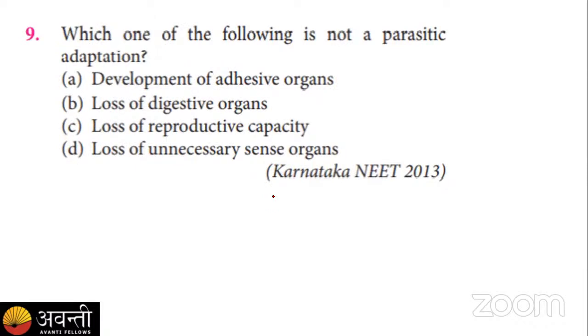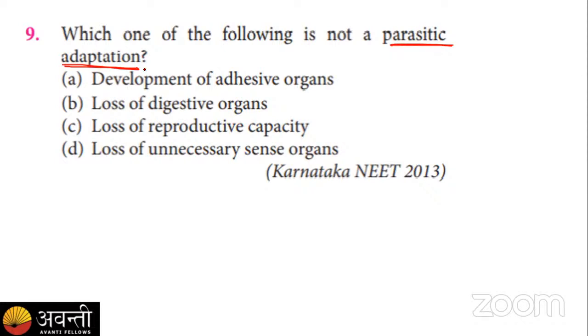So the next question for the day is, which one of the following is not a parasitic adaptation? Okay, here we are talking about parasites. So to survive in a host, the parasite has to adapt according to some conditions, right? Your option A, development of adhesive organ.